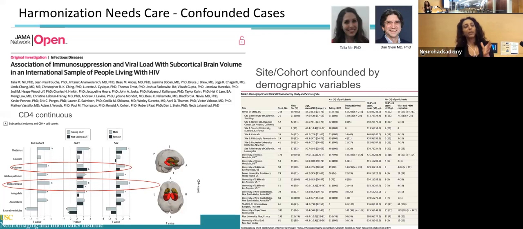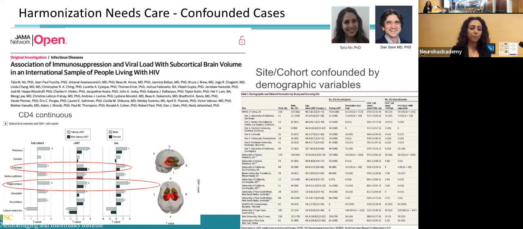It happened that there was one group that was predominantly female, and that was also predominantly untreated. These were people with very high viral loads, very low CD4, and they were almost exclusively female.